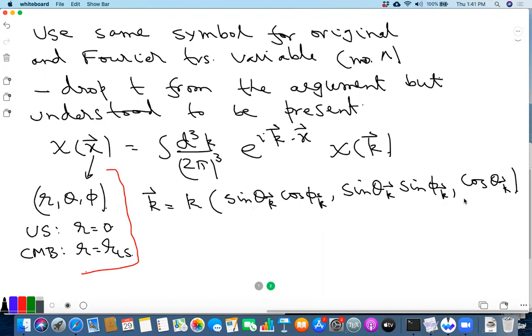Is this clear? So I'm labeling x in the polar coordinates, and I'm labeling k in the polar coordinates. So given any variable like delta T over T, this is a relationship between the Fourier transform variable and the original variable.